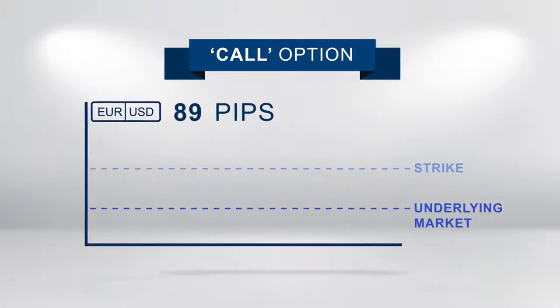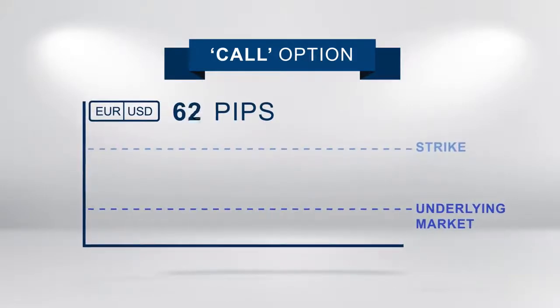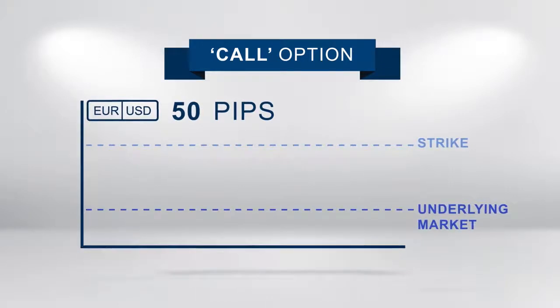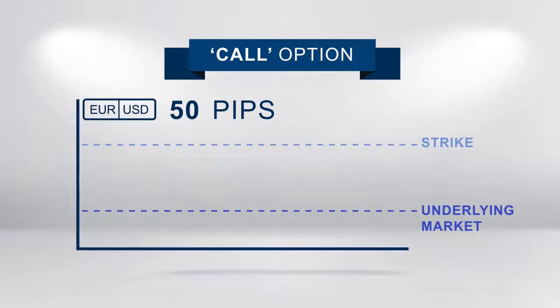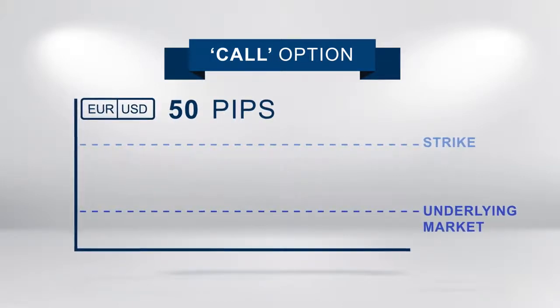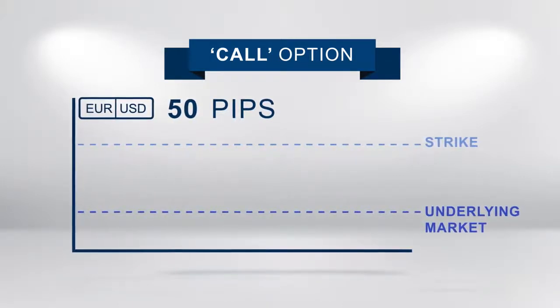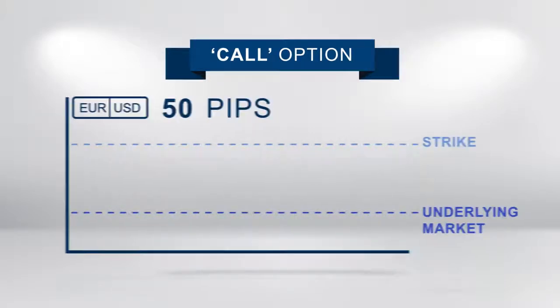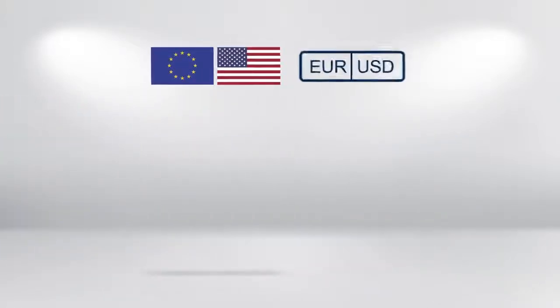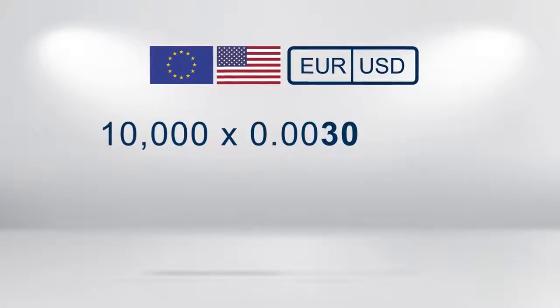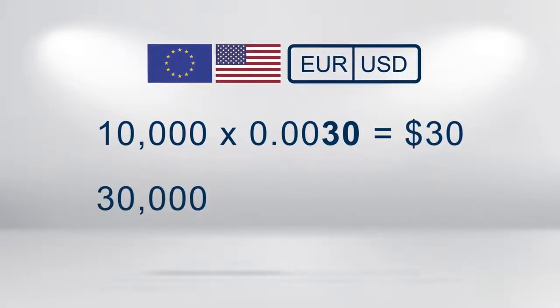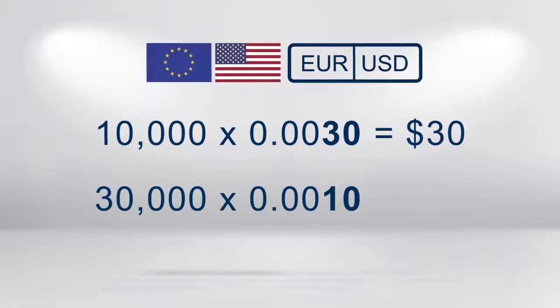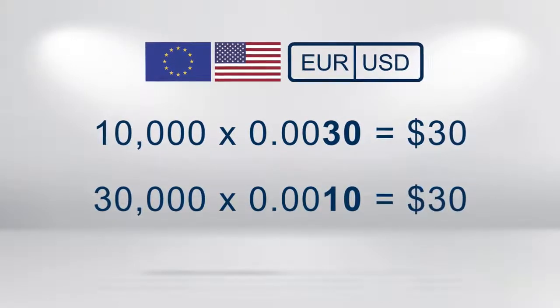The further away from the underlying market the strike of the option is, the cheaper the option gets. Choosing a less expensive strike means that you can increase the notional amount on the option without increasing the total cost. For example, buying an option on €10,000 at 30 pips would cost $30, or buying an option on €30,000 at 10 pips would also cost $30.